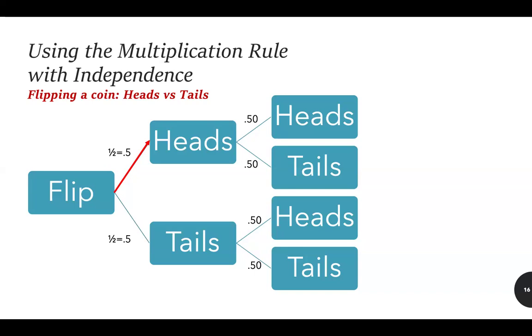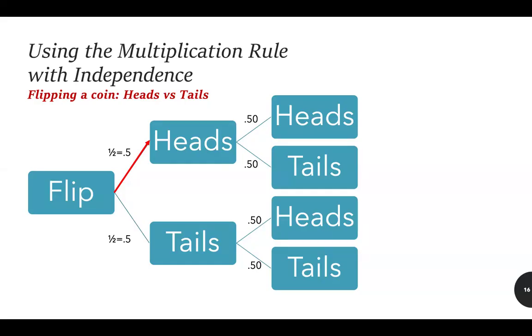The second time, we have a 0.5, or a 50% chance, of getting heads versus tails every time because it doesn't change. They're independent flips. And so imagine that I said, hey, I want to know the probability that I'm going to flip heads and then heads again, or the probability that I'm going to flip heads and then get tails the second time. That's what we're talking about.